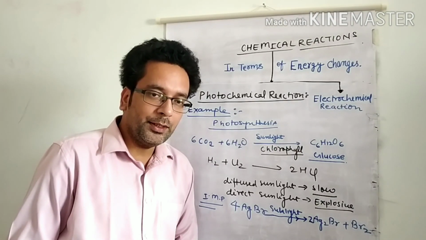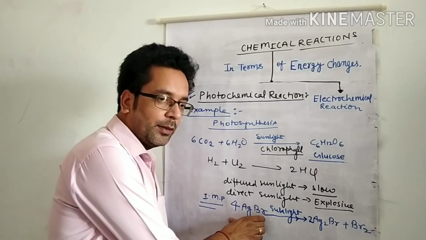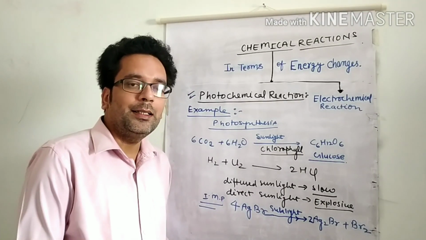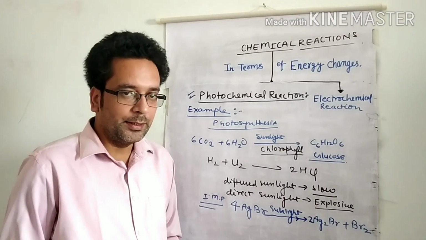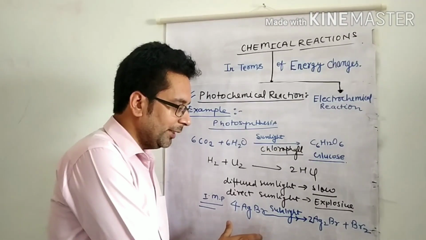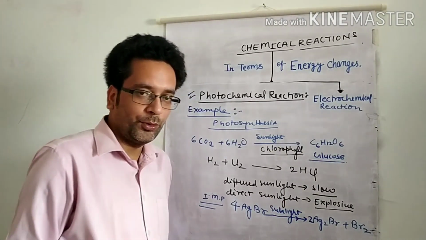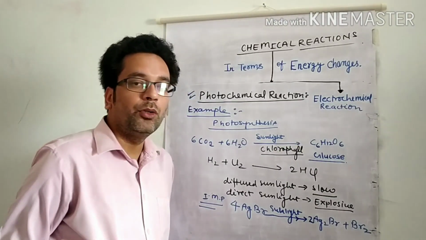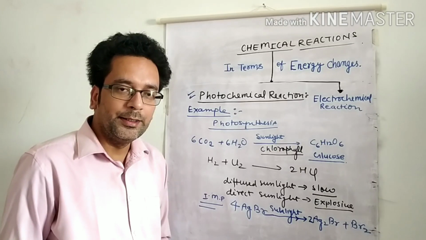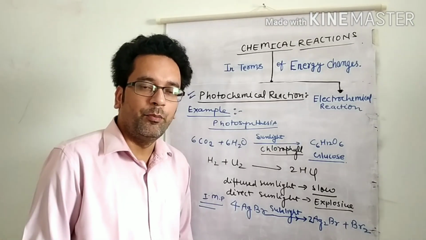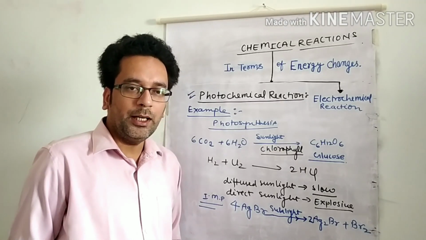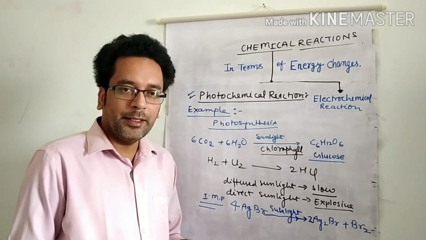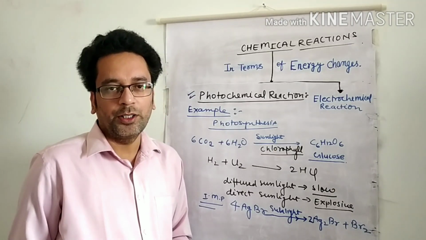Because if it is kept in a plain bottle, it comes in direct contact with sunlight and dissociates to form different products. So a question asked in your examination: why is silver salt kept in a dark reagent bottle?